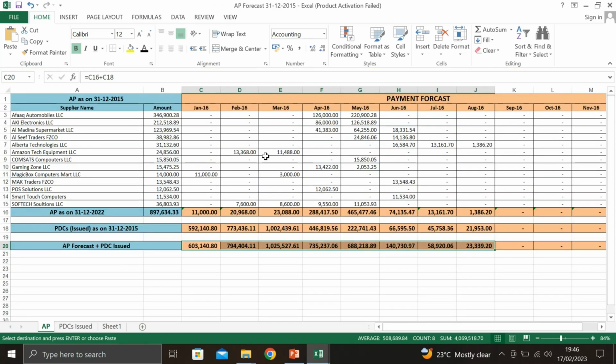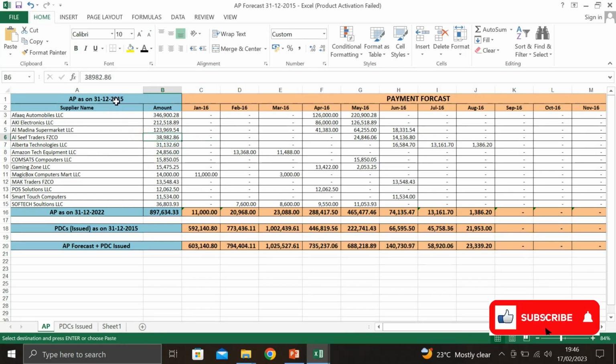Then the second thing is the AP forecast. For AP also, as per the trial balance, we have this much balance for each supplier. We need to review each supplier account and check the payment history, and then apply how much you will pay from this 346,000 in Jan, Feb, March and April. I have done this working already.